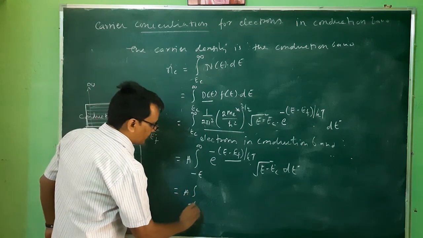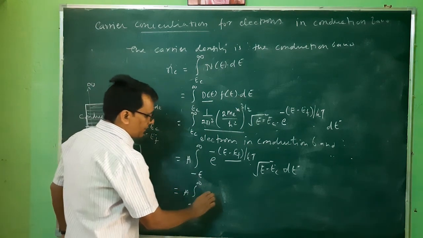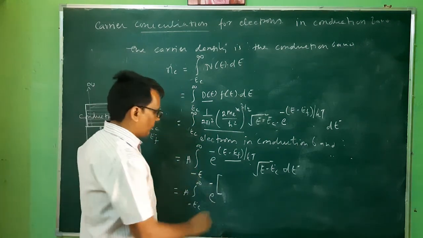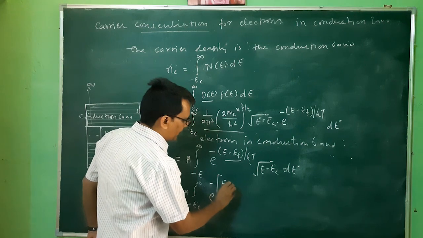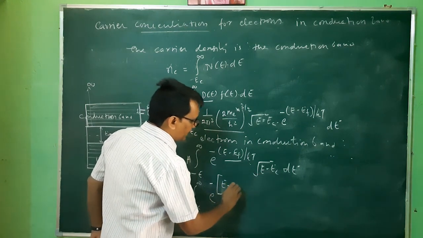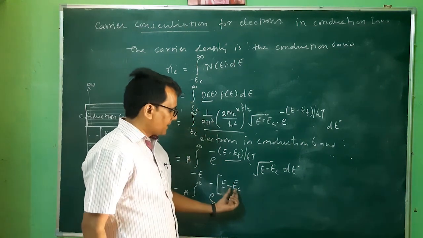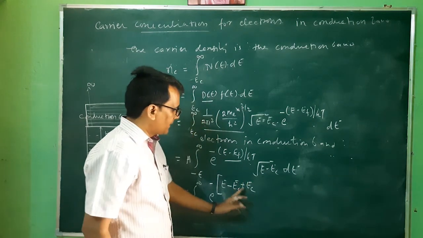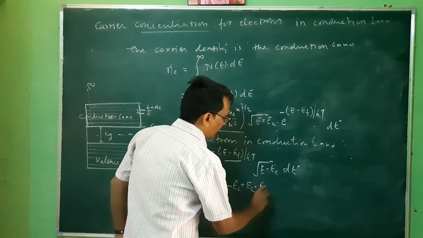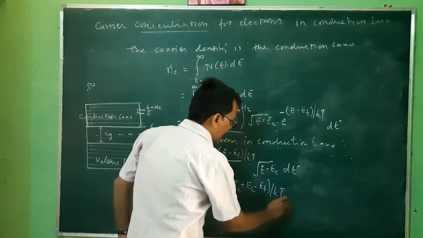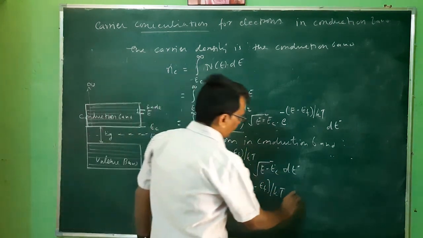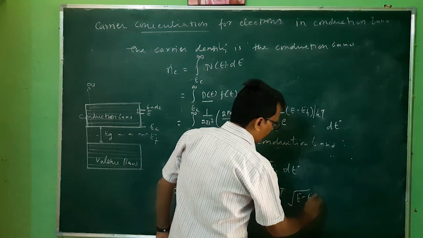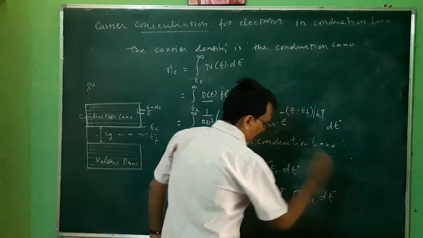Inside the exponential we write (E − Ec + Ec − EF)/kT, with a minus sign overall.